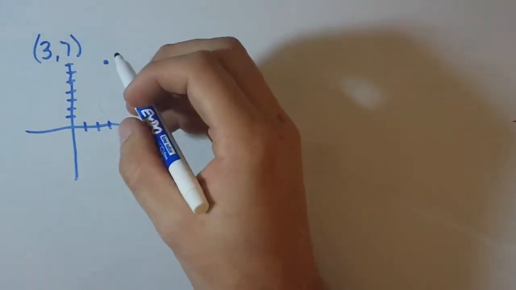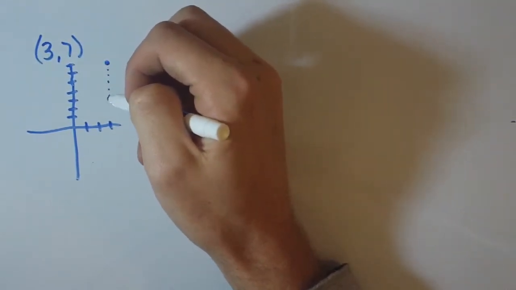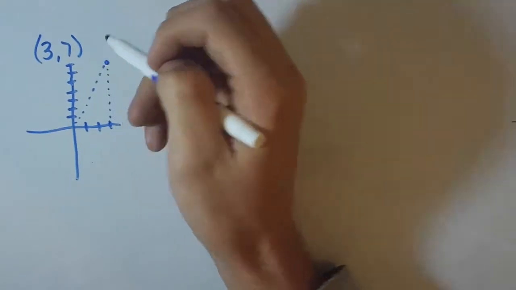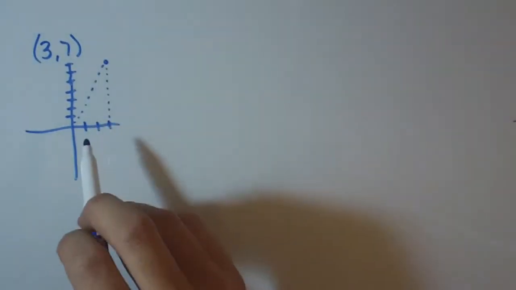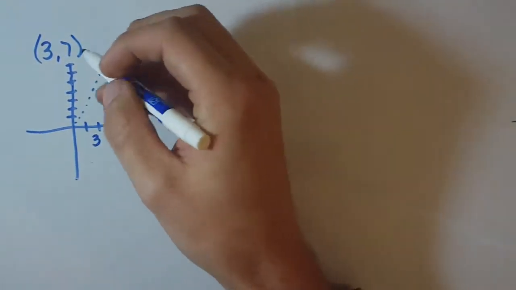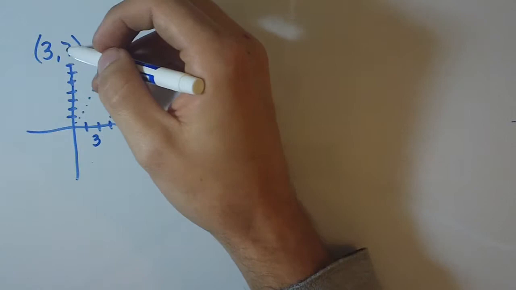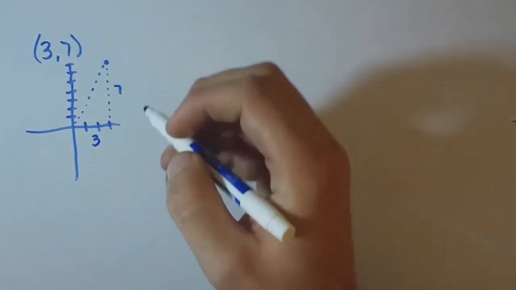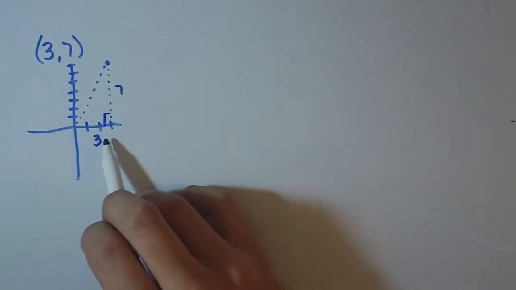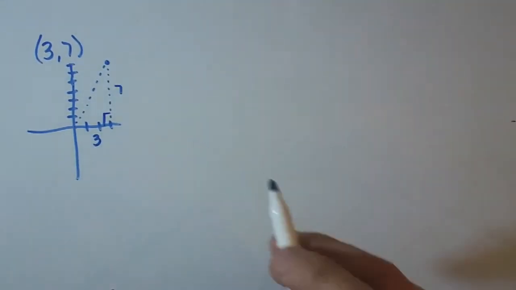Now, if you extend this thought to a triangle, you can extend it down and then also to the origin. The distance from here to here was 3, and the distance from here to here was 7. The y value is 7. So now we have a right triangle with one side length 3 and one side length 7.